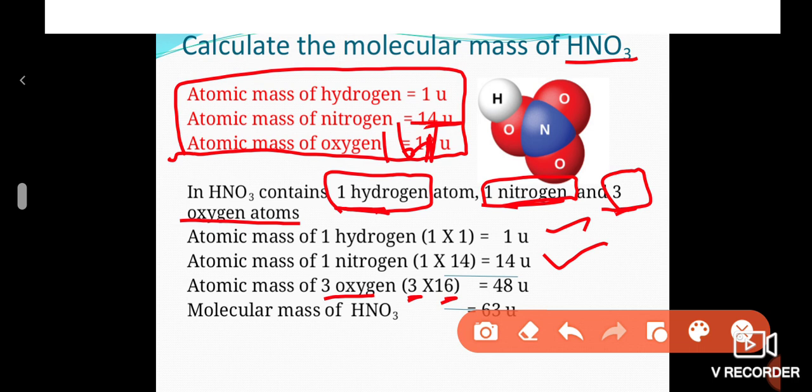So what about 3? 48U. Total mass, that means the molecular mass, is the sum of all the masses of atoms. So we get 63. That 63 is the mass of HNO3. First we should know this value. We memorize the value.